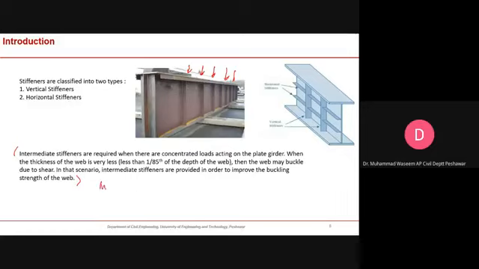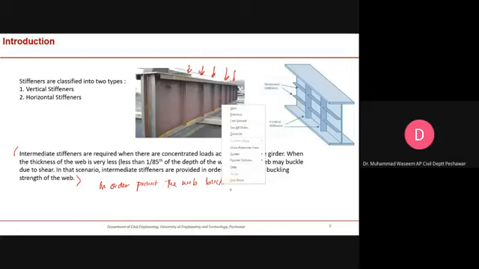In order to prevent web buckling, you need these intermediate stiffeners.